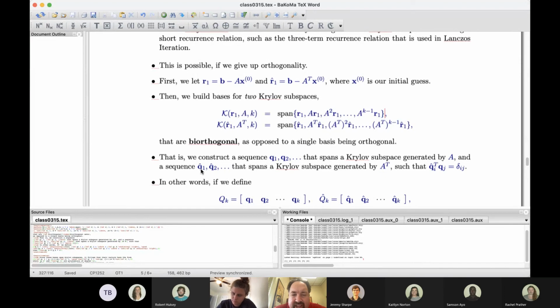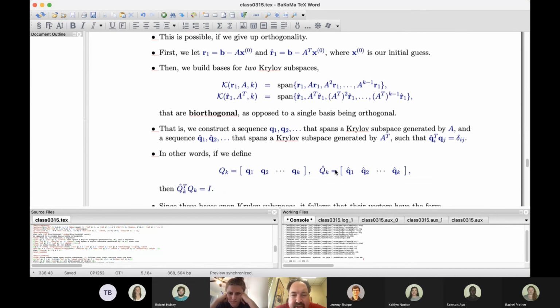Then we generate Q1 hat, Q2 hat, and so on that span this space. And they are bi-orthogonal. So Qi hat transpose Qj is 0 if i and j are different, 1 if they're the same. So another way of putting it is if these are the Q1, Q2, and so forth for this Krylov subspace, and Q1 hat, Q2 hat, up to Qk hat for this Krylov subspace, then we have this relationship.